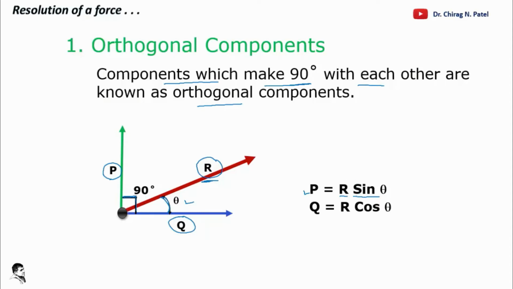So R sine theta will give the value of P, and if you want to find the component Q, theta is known and theta is the angle between the force and the component, so you can directly multiply R with cos theta, and that will give you the value of the Q component. Is it clear? I think so.